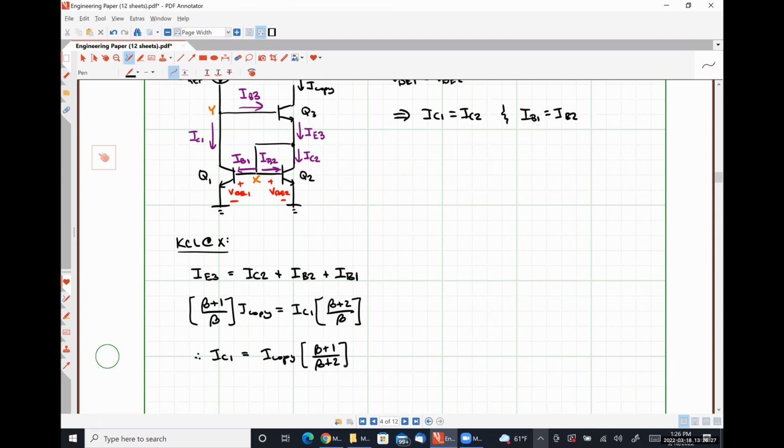All right, now we're going to apply KCL at node Y, which is simply IC1 plus IB3.